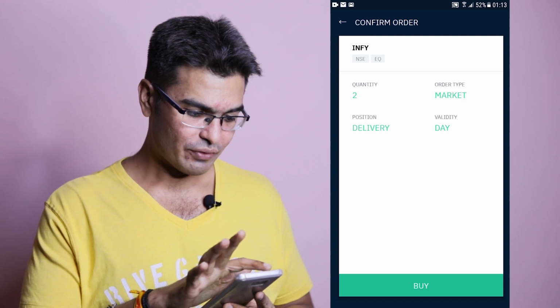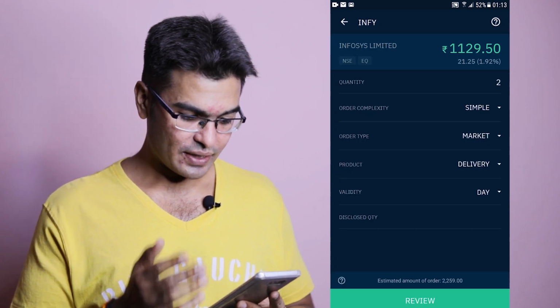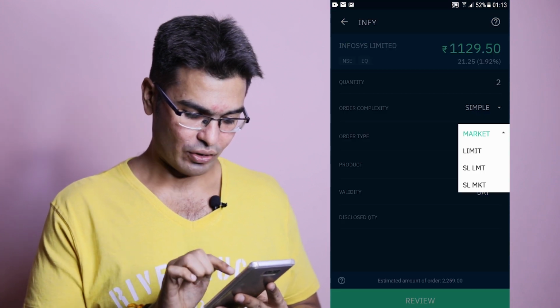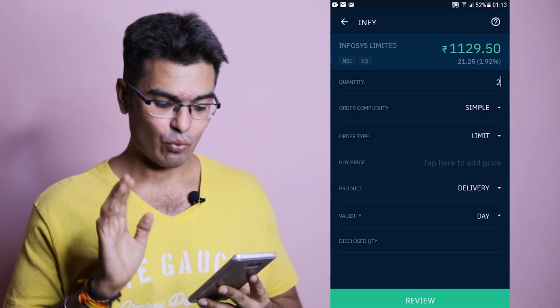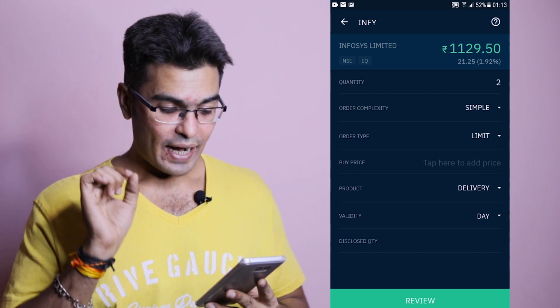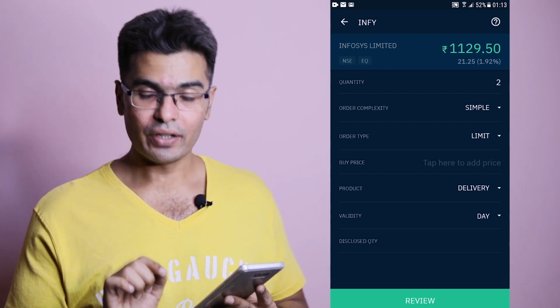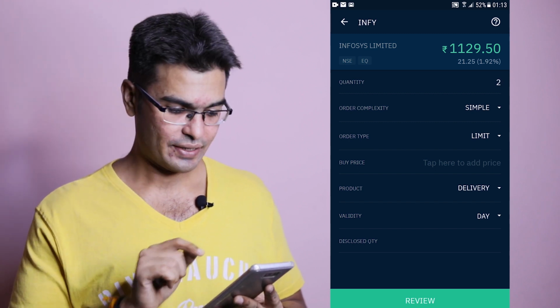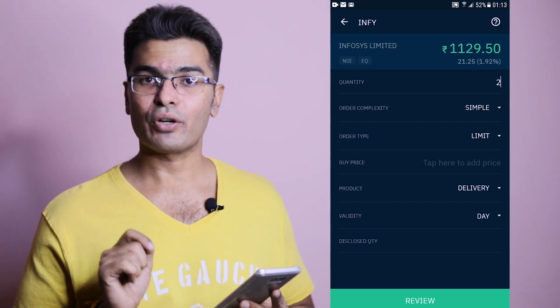So once you are done with placing your order, there is another option which we have to talk about, the limit order. In case of a limit order, along with the quantity, you need to enter the price at which you want to execute your trade. Say this is trading at 1129.5.